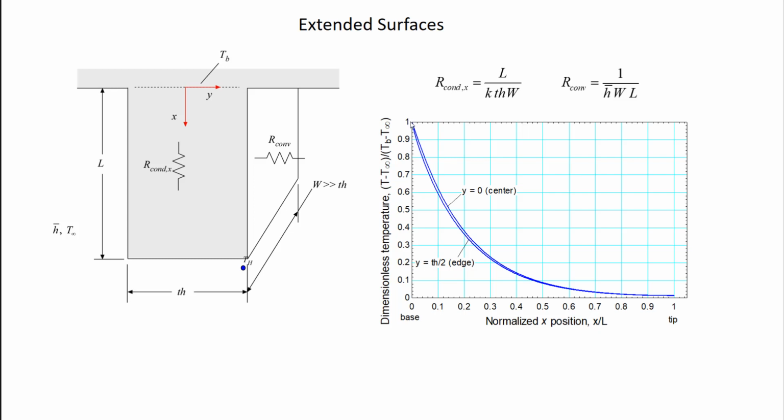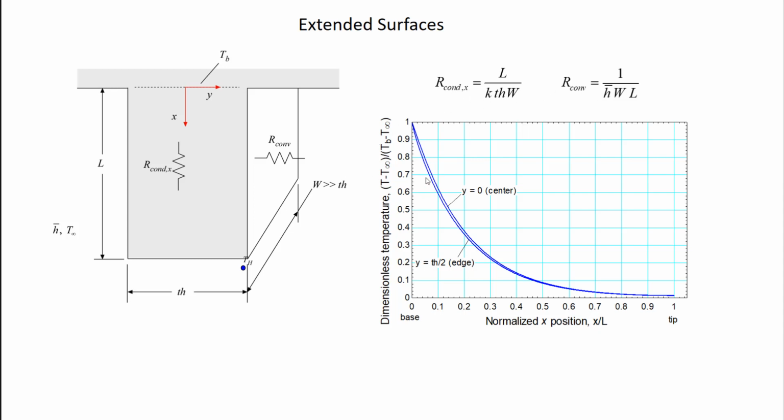But I am having a temperature drop as I move along the fin in the x direction, and the size of that temperature drop is related to conduction in the x direction. I have a temperature drop due to convection resistance from the surface to the surroundings, and the size of that temperature drop is due to convection, right? So I can still use these 2 resistances to think about what's going to happen.